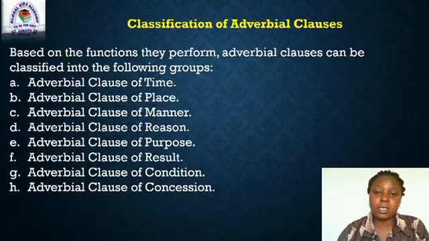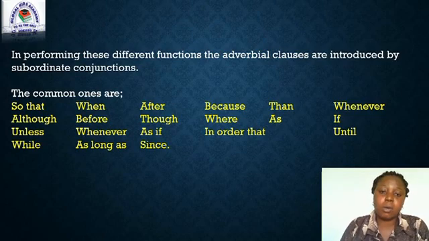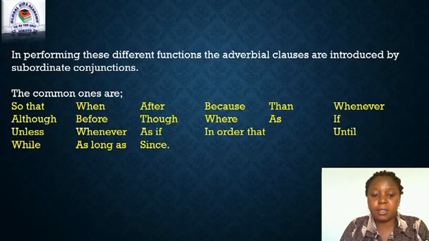Now let's look at examples of these subordinate conjunctions and how they are used. A few of them are found on the screen displayed before. We have so that, although, unless, while, when, before, whenever, as long as, after, though, as if, since, because, where, in order that, than, as, if, until.